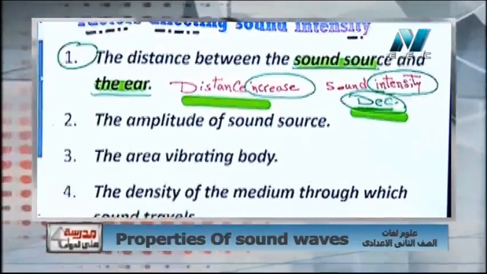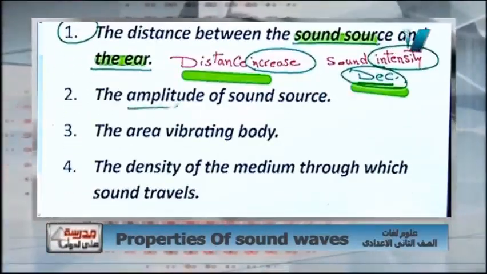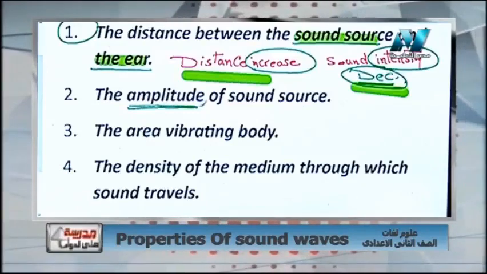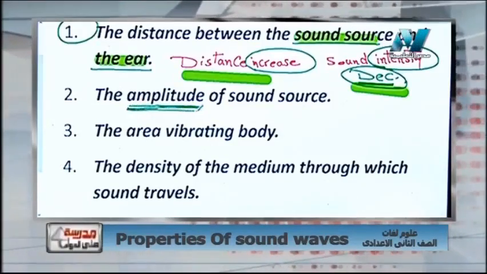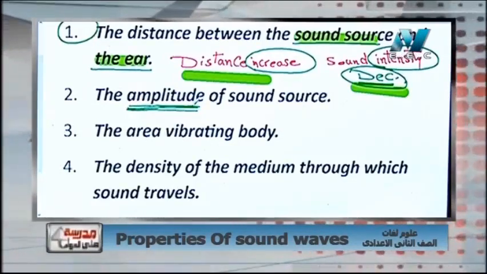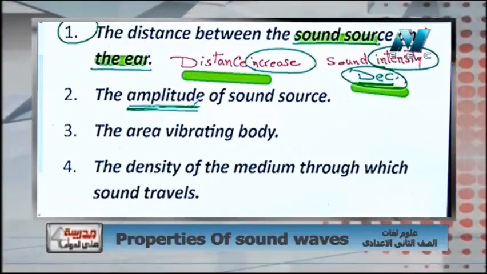The second factor is the amplitude of the source of the sound. If you want to clap your hands, for example, look here together. Amplitude is the maximum displacement away from the rest point, as we said before: the farthest distance, as crest or trough, maximum displacement upward or downward.